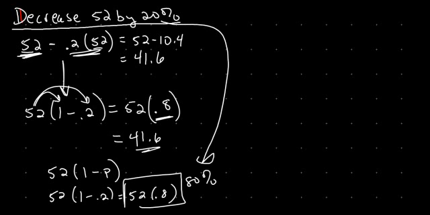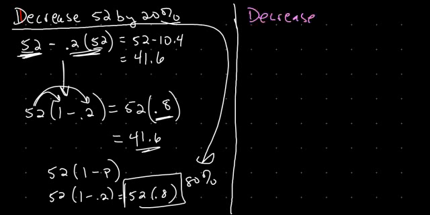So let's try another one. Let's decrease 175 by 25%. So if I decrease by 25%, what remains is 75%.